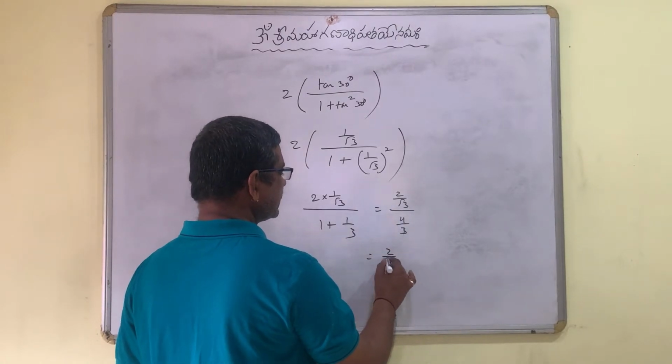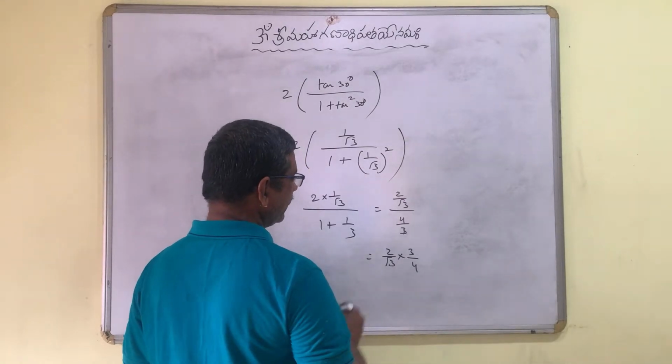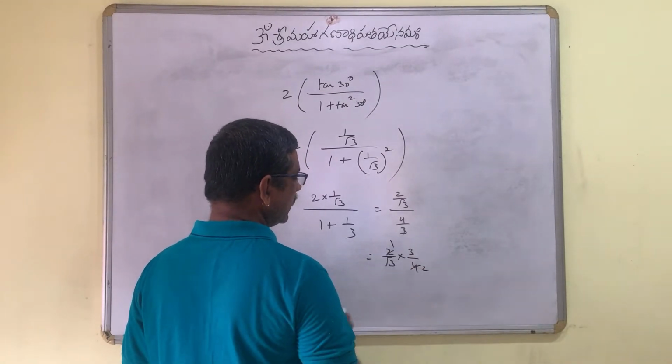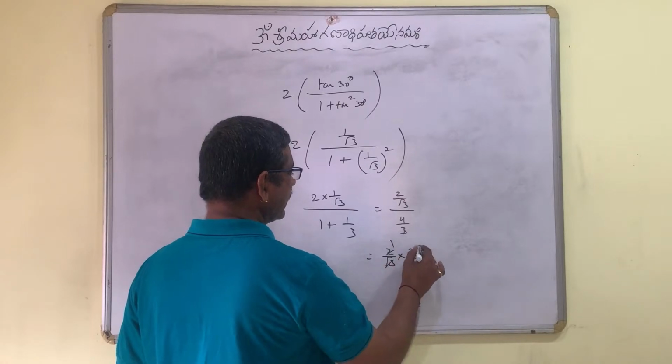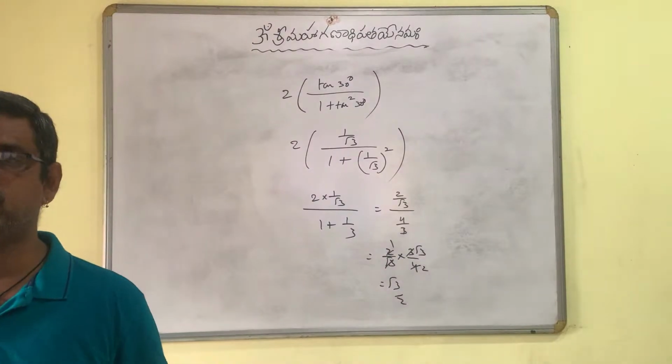So 2 by root 3 into 3 by 4. These two get cancelled, root 3 times. So we will be left with root 3 by 2.